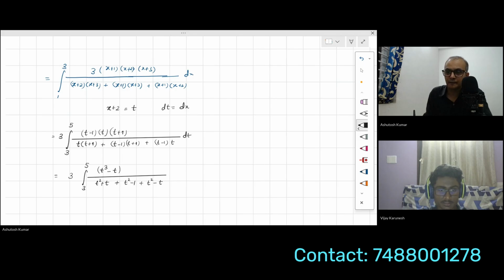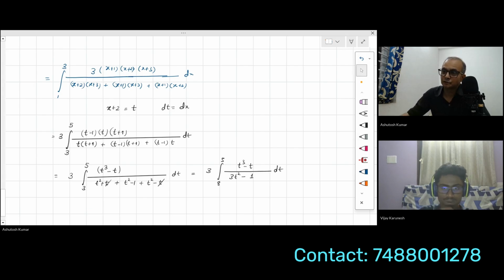You see what will happen? Minus t and plus t will get cancelled, correct? 3t squared minus 1. So numerator, t cube minus t, and denominator, 3t squared minus 1, dt. Now it's comparatively easy to integrate.